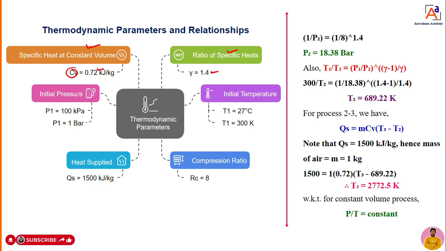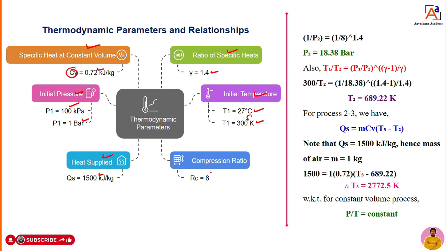Initial pressure he has given in kilopascal, 100 kilopascal, which is nothing but 1 bar. Initial temperature is 27 degrees Celsius, which we convert into Kelvin: T1 is equal to 300 Kelvin. Now he is supplying a certain amount of heat at constant volume, QS is equal to 1500 kilojoules per kg.